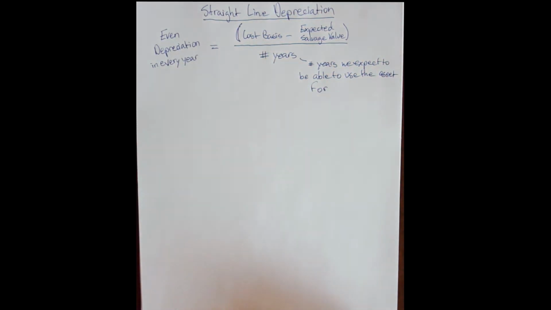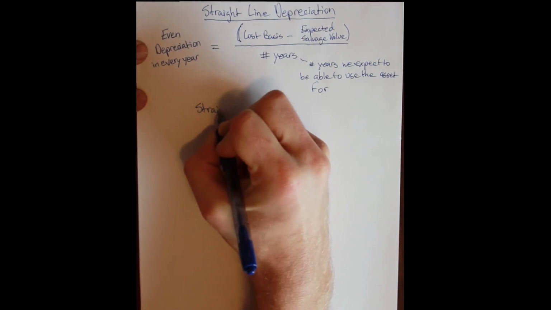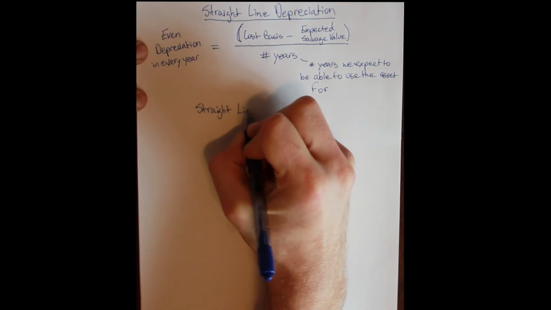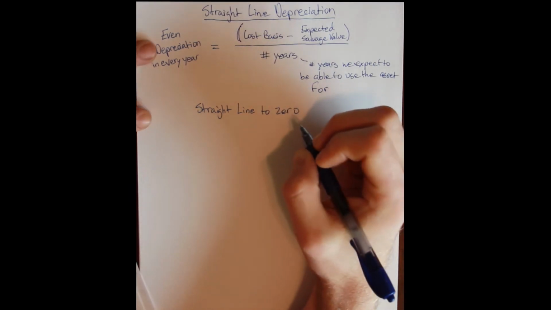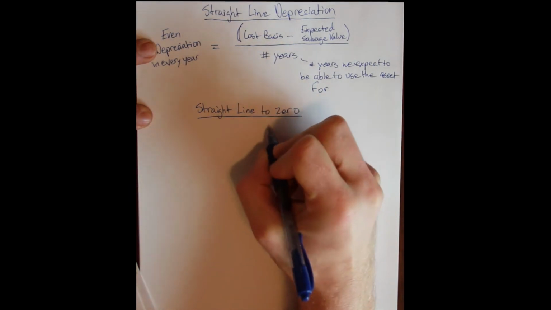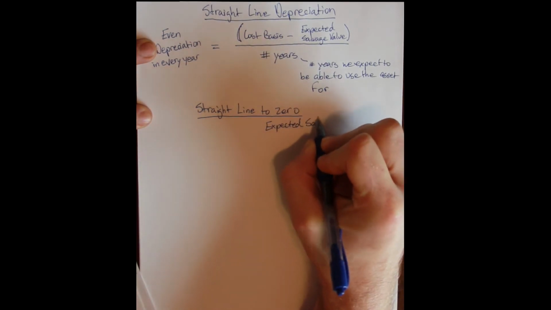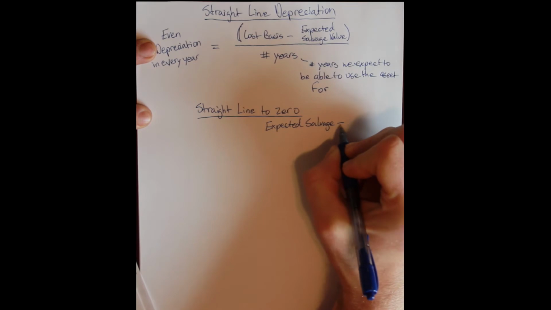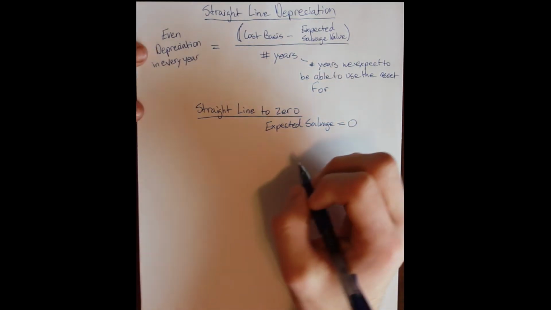Now there's a special case of straight line depreciation that we'll use in this class a lot, and that's called straight line to zero. The special case here is just that we set the expected salvage value equal to 0. By definition, we say we won't be able to salvage this asset for any additional money.